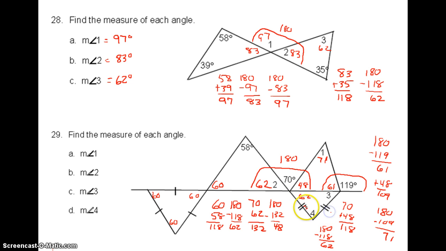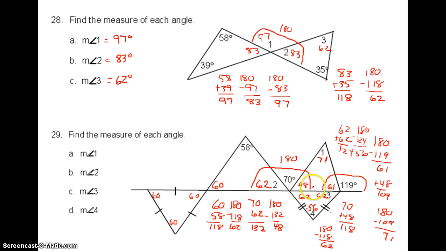If this is isosceles, then 62 is going to go right here, and then all I have to do is go up here, 62 plus 62 is 124, and 180 minus 124 is 56, so 56 is going to go right here. I found everything I need.